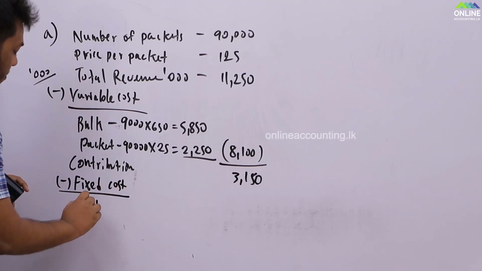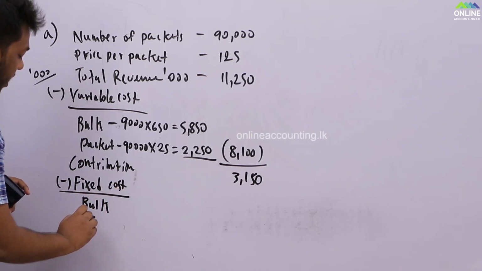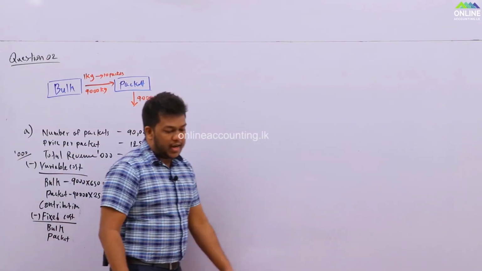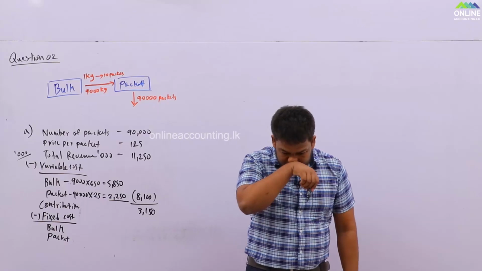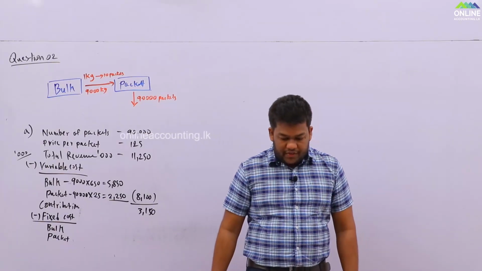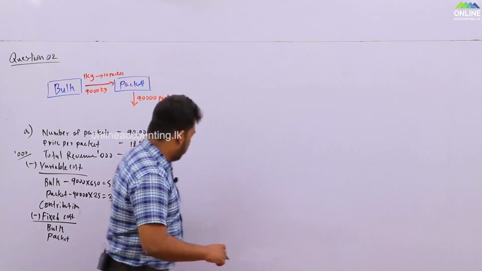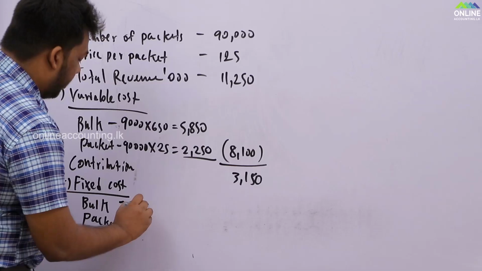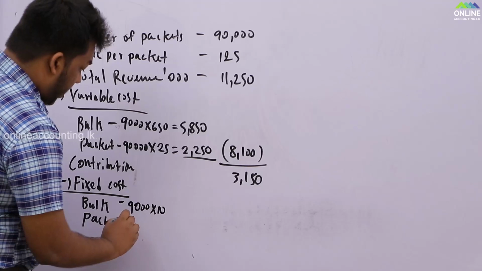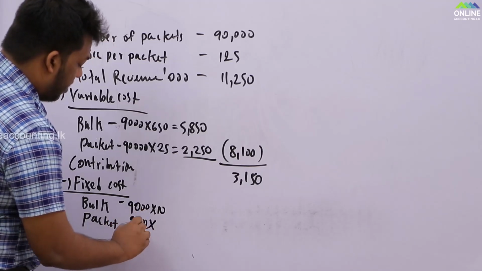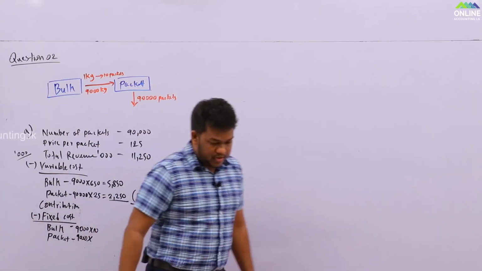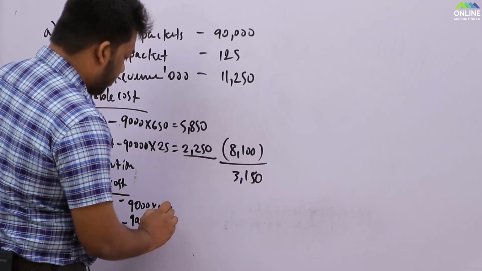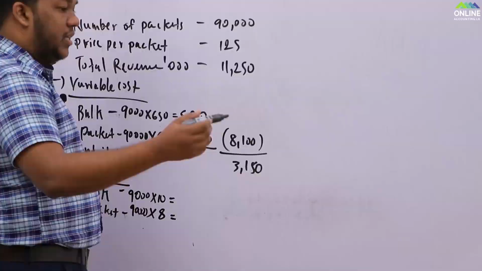So you will have it for bulk as well as packet. For bulk, fixed cost is given. Fixed cost per kilogram of tea is 10. So 9,000 into 10. And for the packet division, 90,000 into 8 per packet. And this is not going to change based on the quantity.